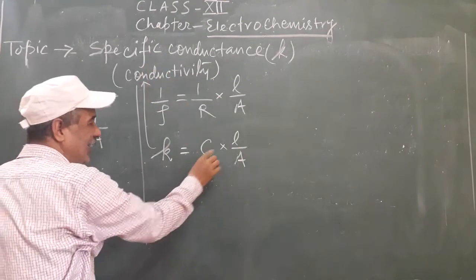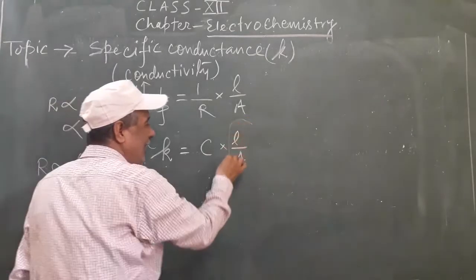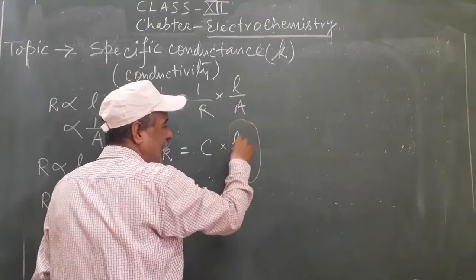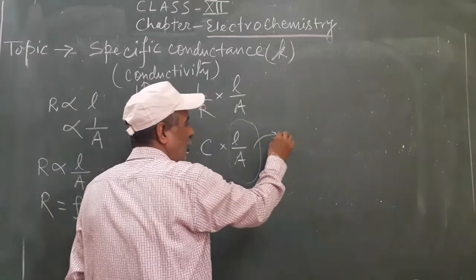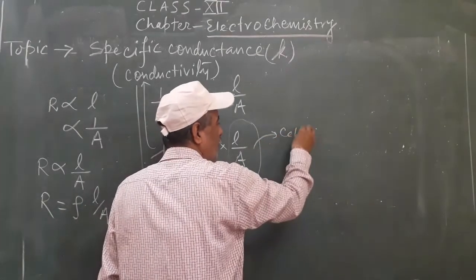This is conductance, and for a particular cell, this fraction L upon A is called cell constant.